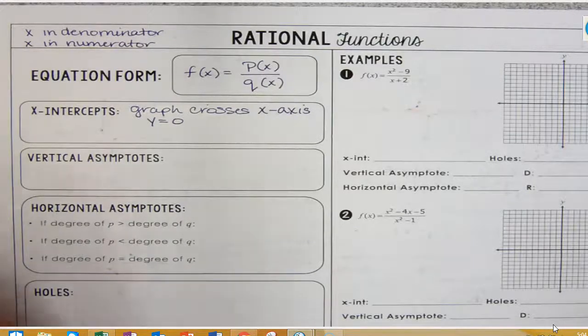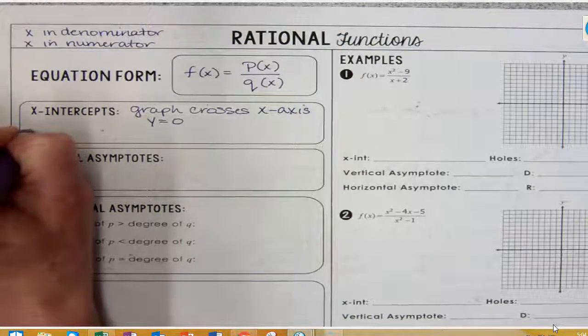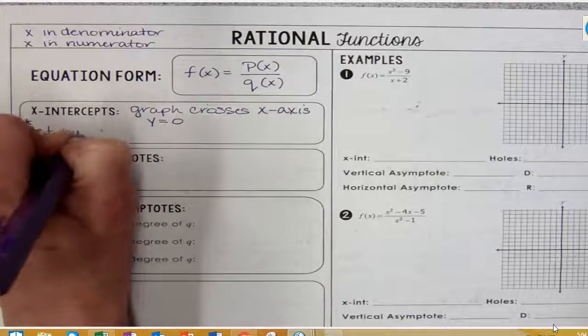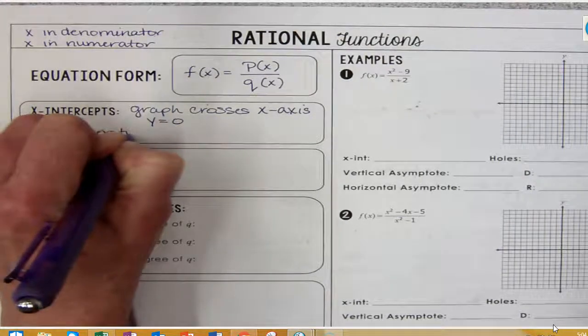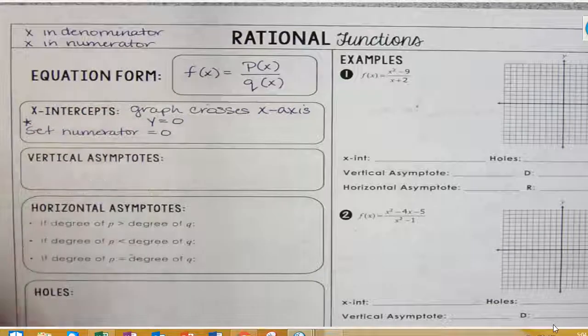So the way you determine this is you set your numerator equal to 0, and that will give you your x-intercepts.